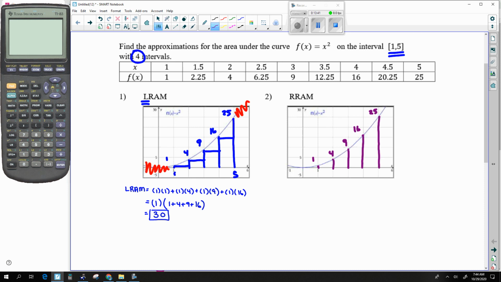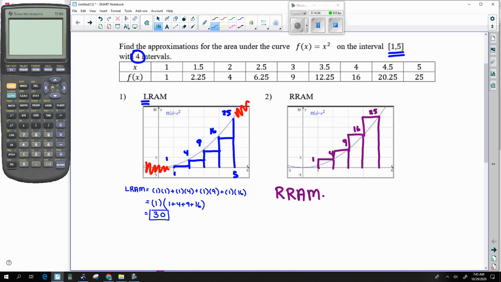The heights of these rectangles are going to be determined by the right-hand side. So of this first rectangle, the height is going to be 4, and then 9, and 16, and then 25. The right-hand side of each specific rectangle is the height.